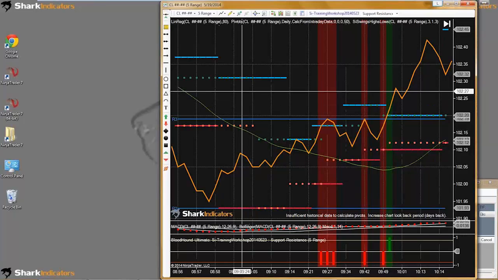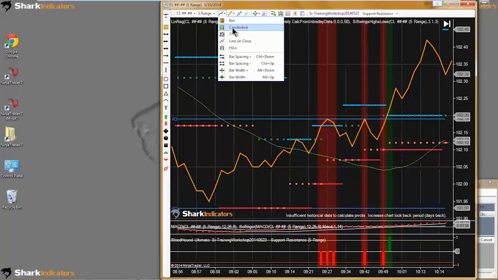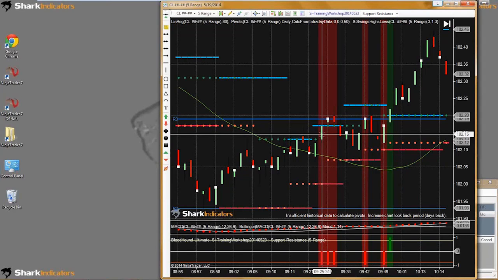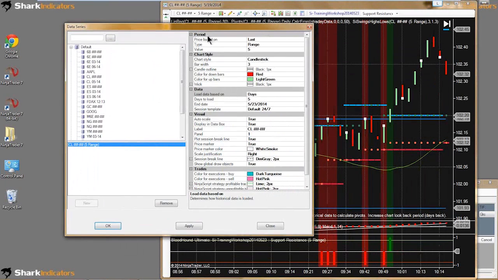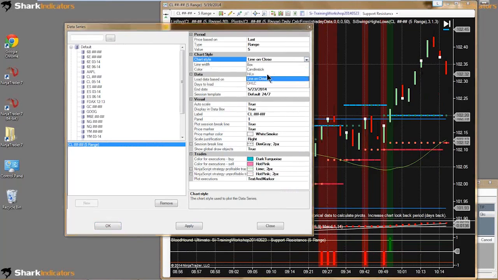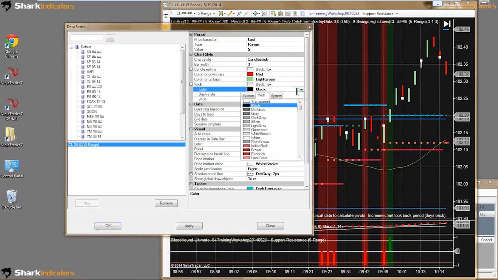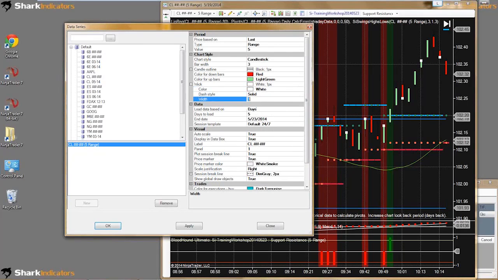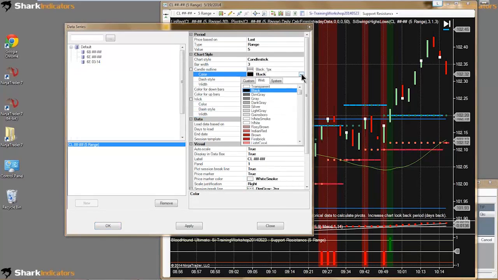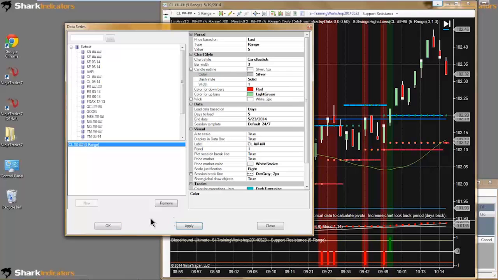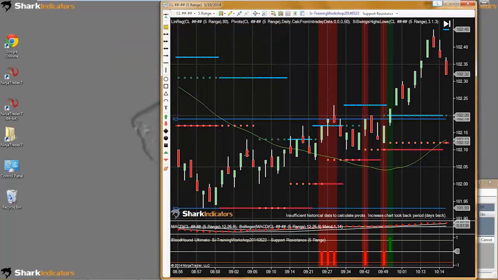Alright, I think this setup will work, and let me just put this back on candlesticks. There.